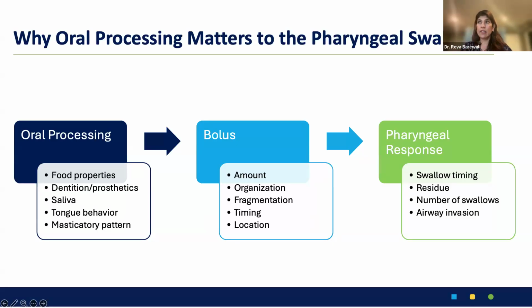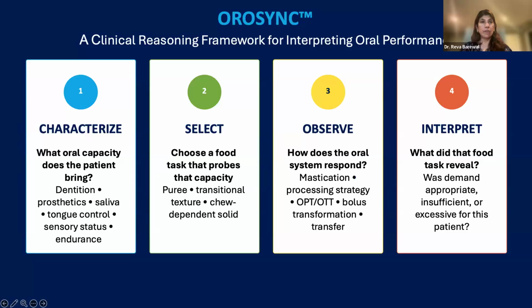Or if they're processing anteriorly, is it landing in the labial fold in the anterior zone? And then the pharyngeal response too: the swallow timing, the residue, the number of swallows, and any airway invasion. All of that is to say that oral processing matters because it can influence all three parameters.